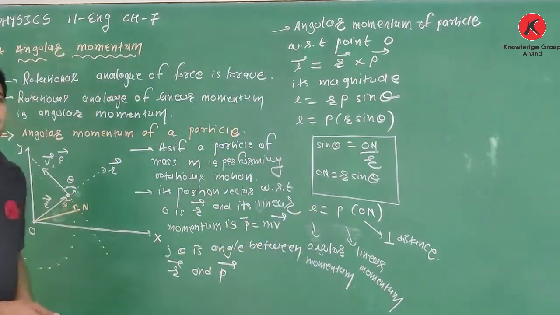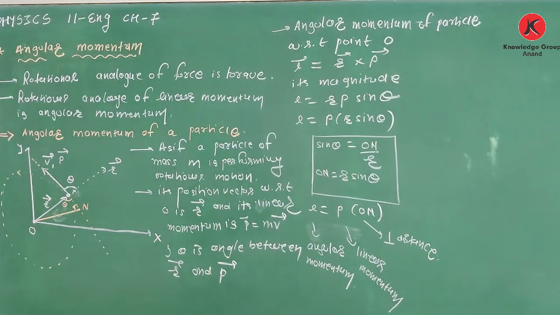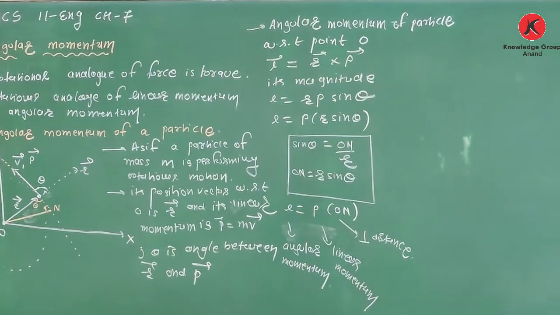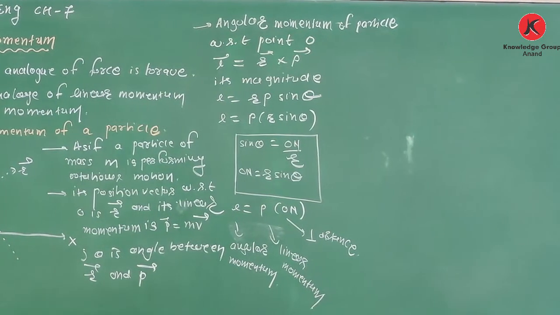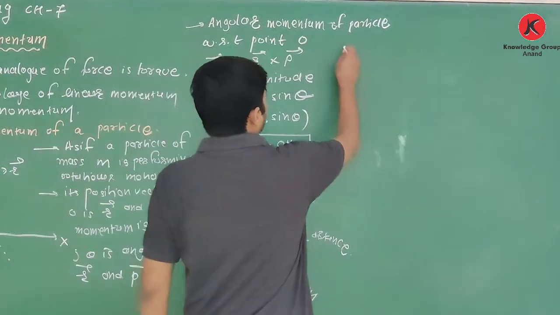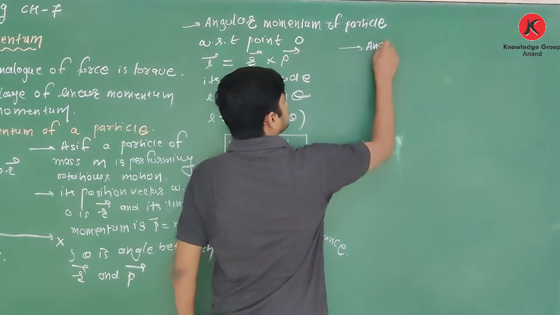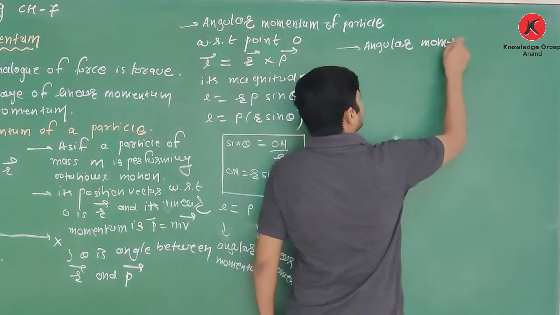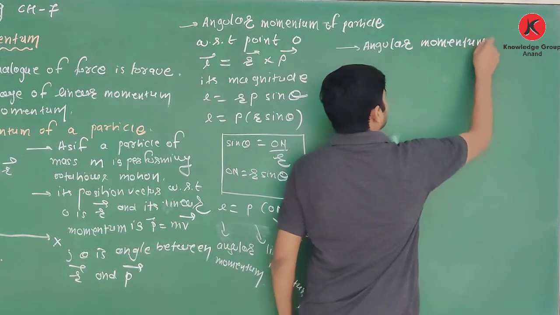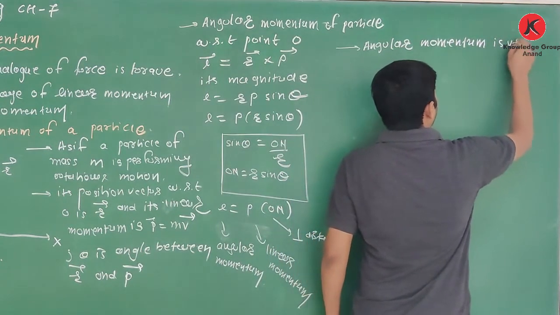Angular momentum is a vector quantity. So how to find its direction?